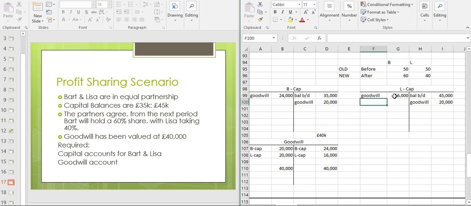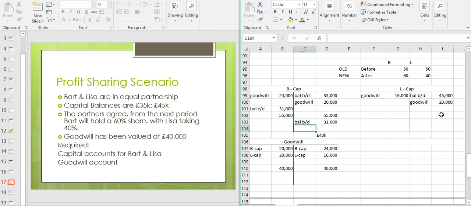So let's balance off the account. I'm just going to add these up. So 35 and 20 is 55. Take it across. Difference above, 55 minus 24 is 31. That is my carried down, and my brought down is over there.